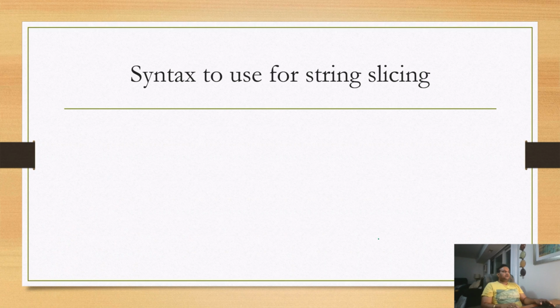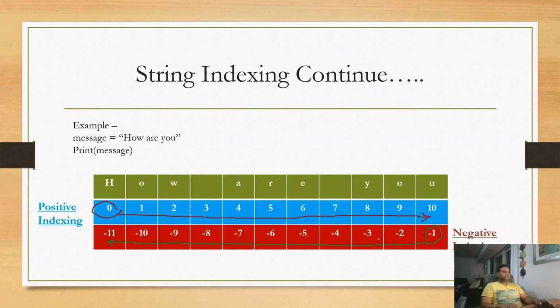Now if we want to fetch a specific portion, in this example, if I want to fetch this "how" from this, we need to specify the position of how. We can see here h is placed at the zeroth position, and w is placed at position number 2.